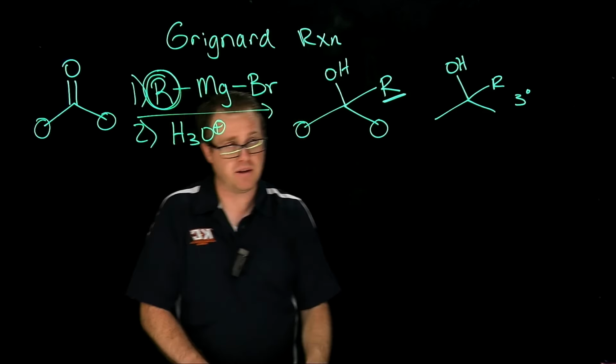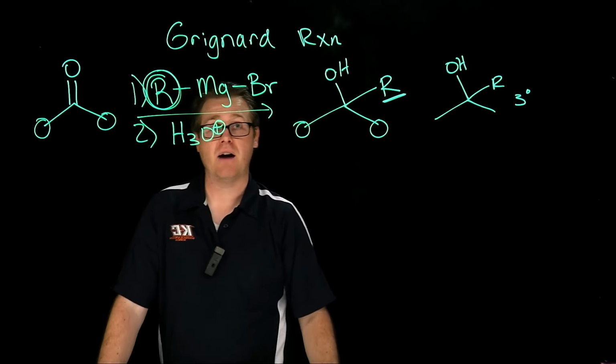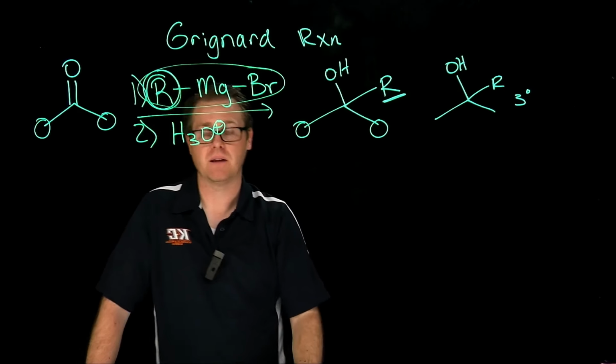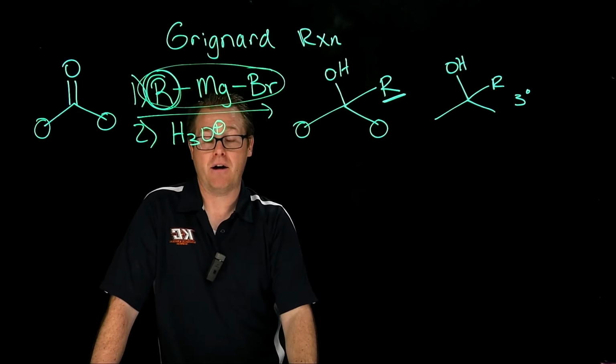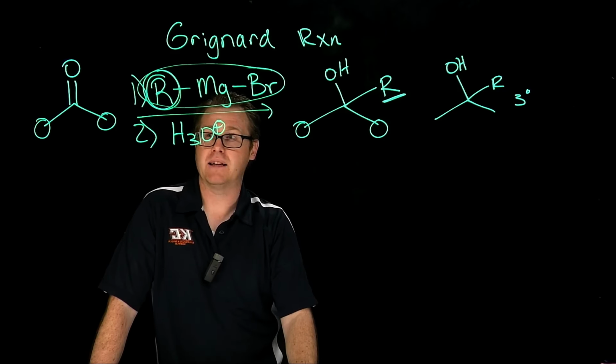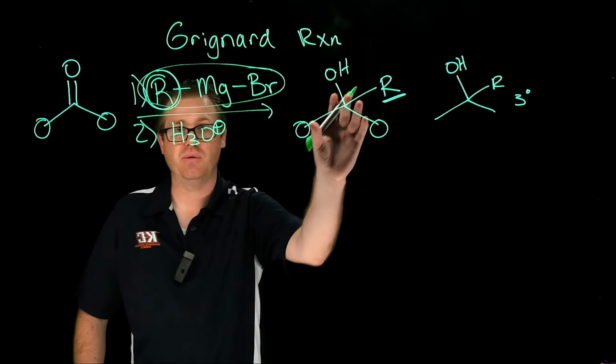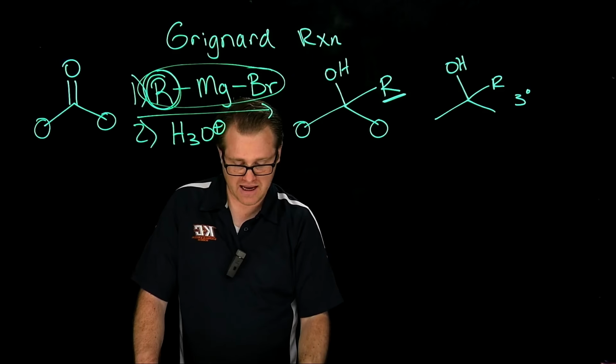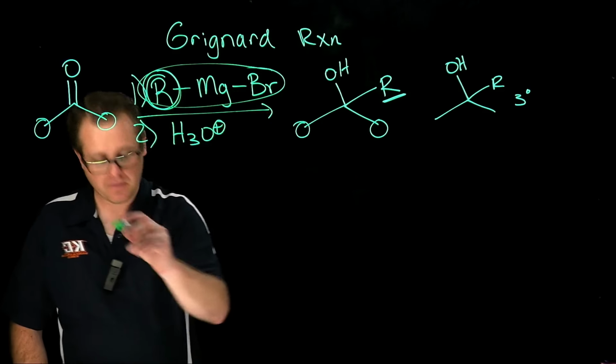Now in order to do this, we need to understand how to make this Grignard reagent. Okay? We'll talk about how to make it and then take a look at why it's reactive. Why does it do this? So the first thing that we need to do is take an alkyl halide.